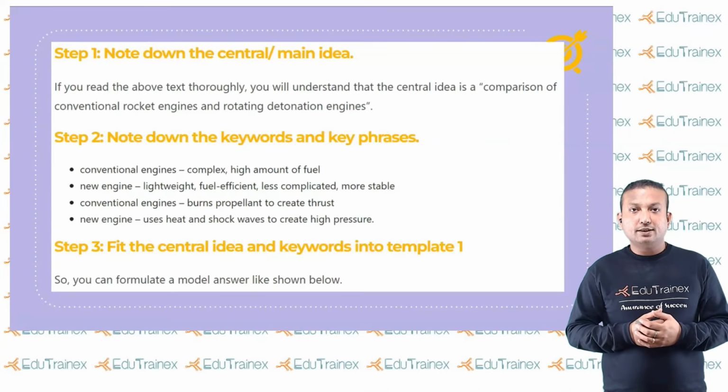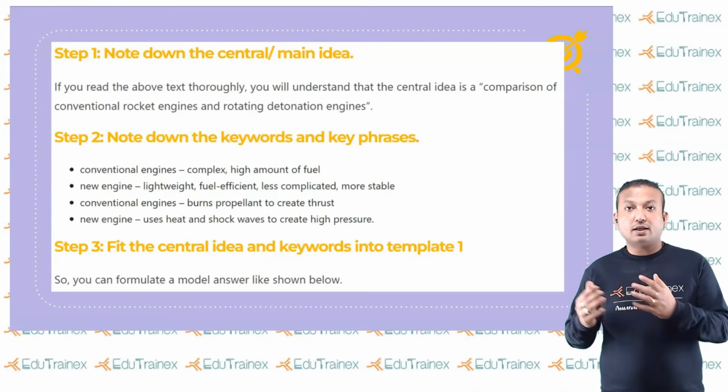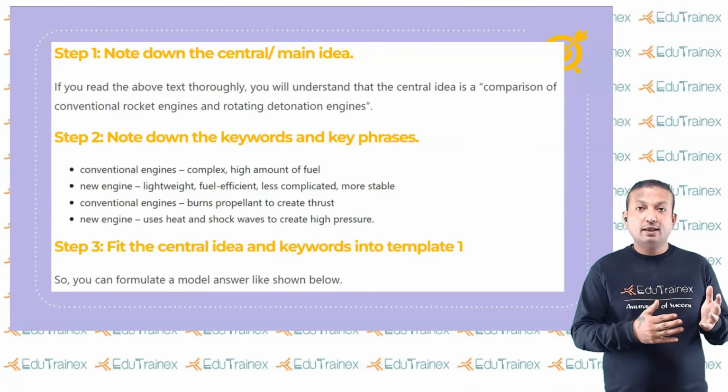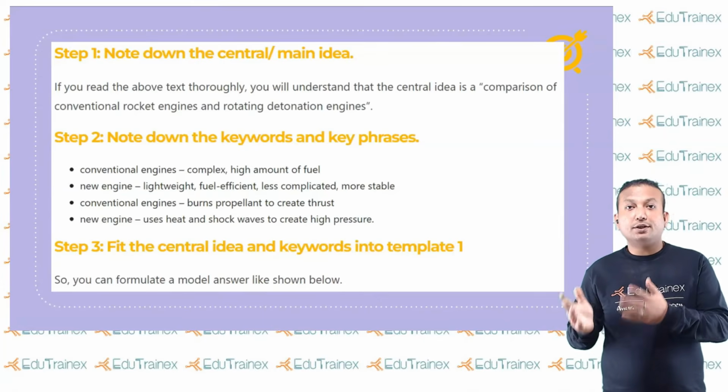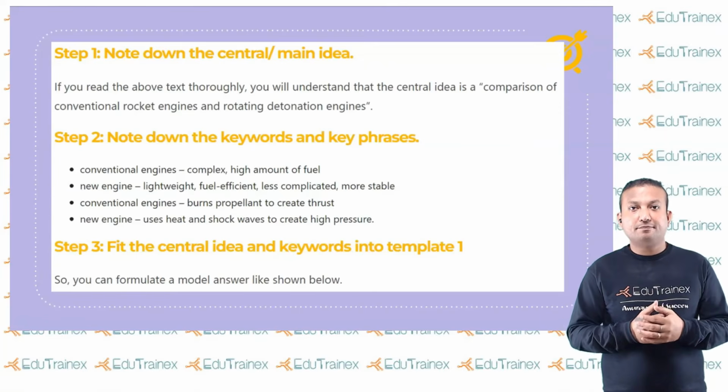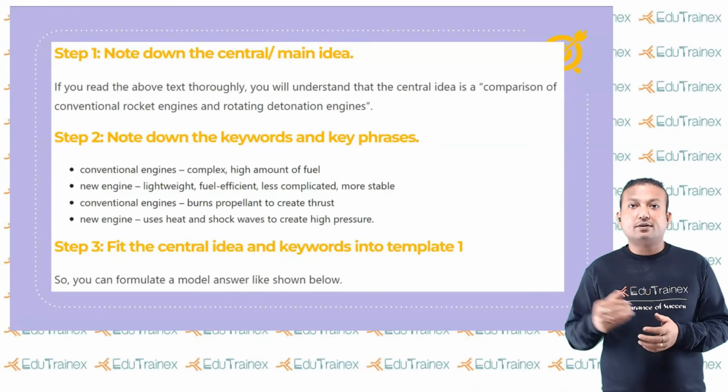Step 2 is to note down the keywords or the key phrases. So, I have noted a few things about the conventional engine, how they are complex and consume more fuel, and also a few things about the new engine, like the lightweight, fuel efficient, and so on. I have also noted how these two engines generate thrust.